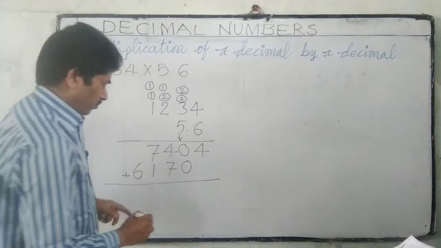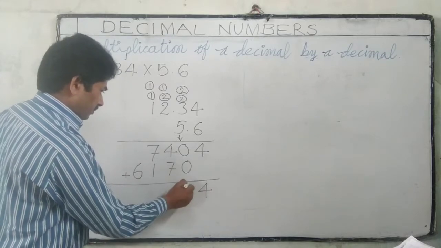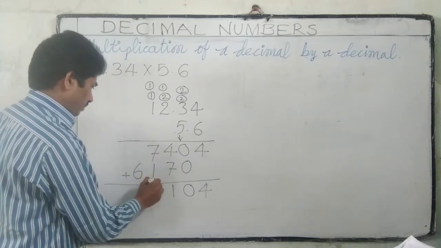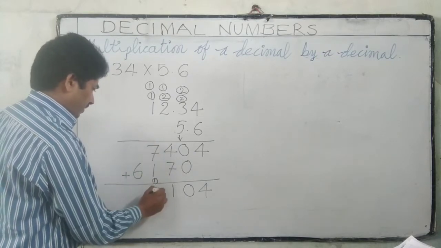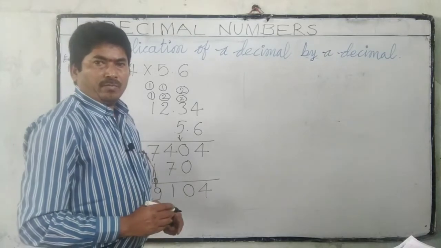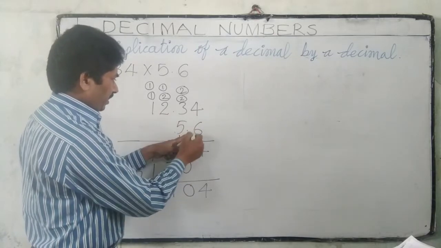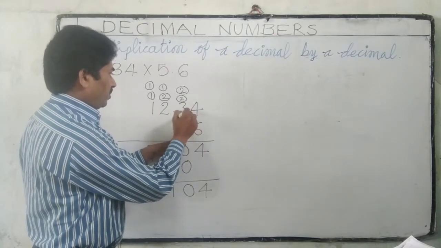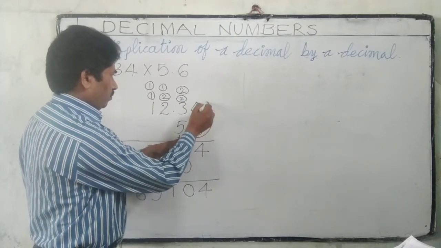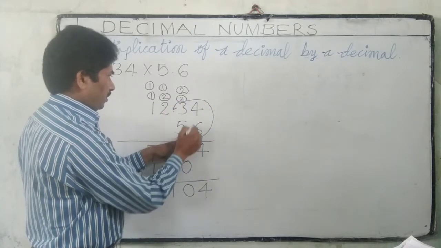Now here we have to add 4 0 11 9 6. Now we have to count the decimal places in the given numbers. Here 2, in this 1.